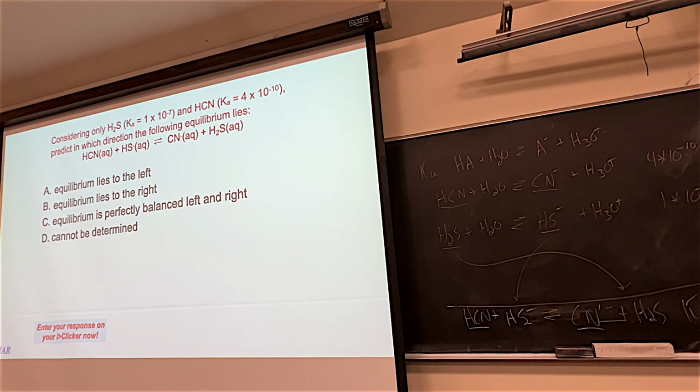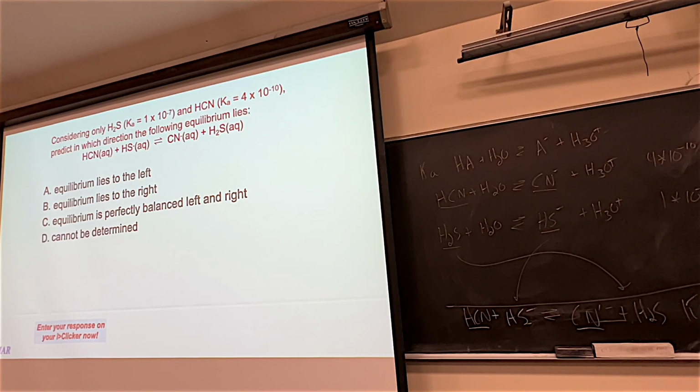You could then combine the Ks, which is 4 times 10 to the minus 10th, but we'll take the reciprocal of this K because we need to flip it around. So it's 4 times 10 to the minus 10th divided by 1 times 10 to the minus 7th. It comes out to be 4 times 10 to the minus 3. That's a reactant favored K. So we would say equilibrium lies to the left.